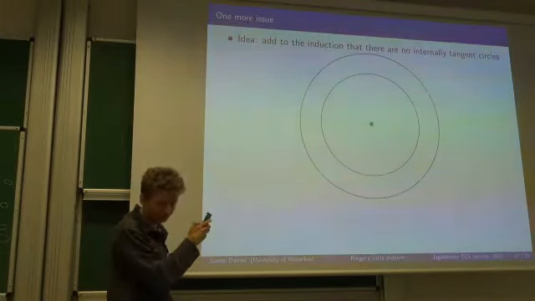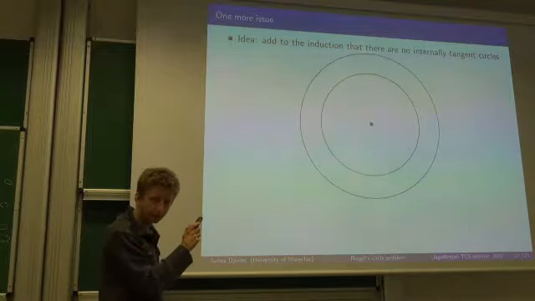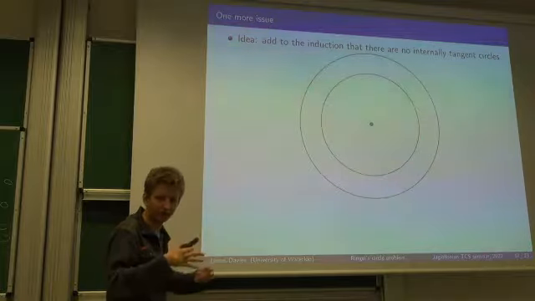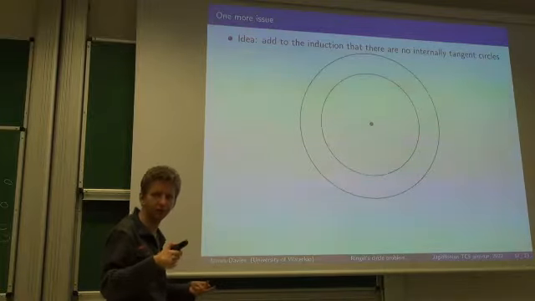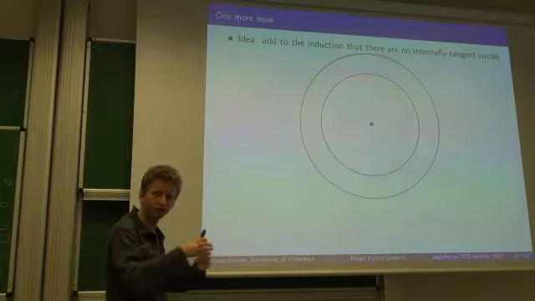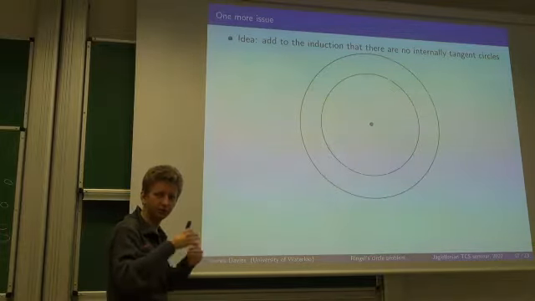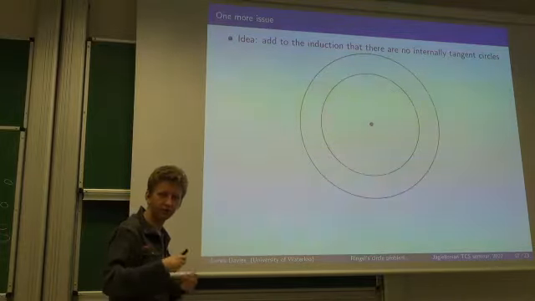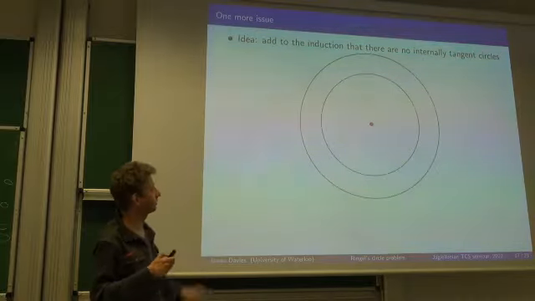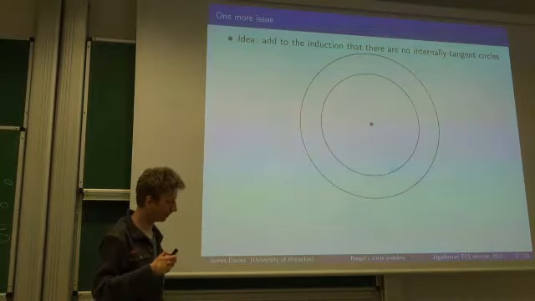And one reason this is important to throw into the argument is because if we have two internally tangent circles and we apply any reasonable version of Gallai's theorem in this way, then we're always going to generate lots and lots of internally tangent circles from the set x in that last construction. So we really do need this in our inductive argument.